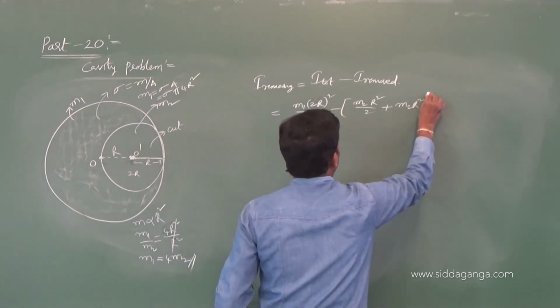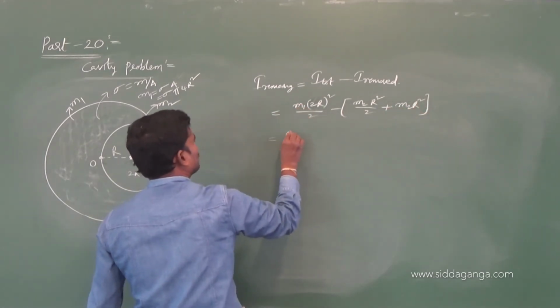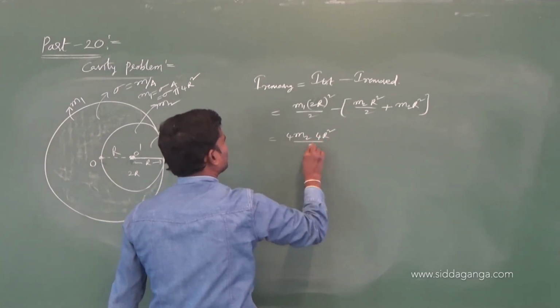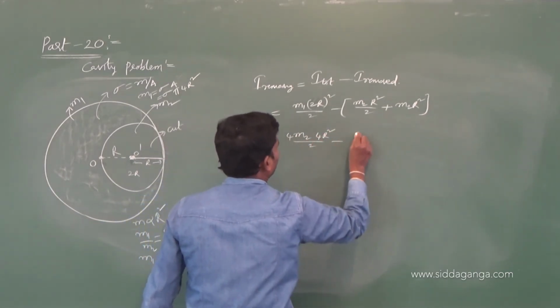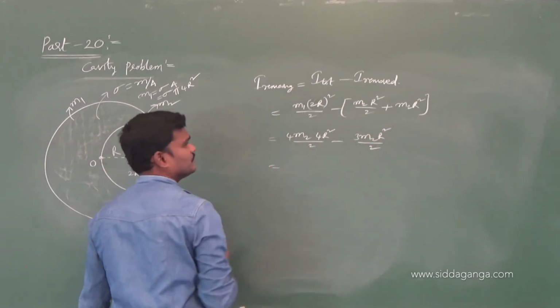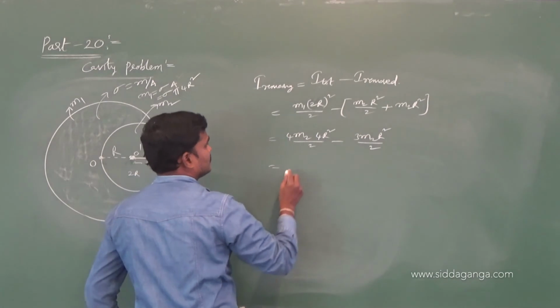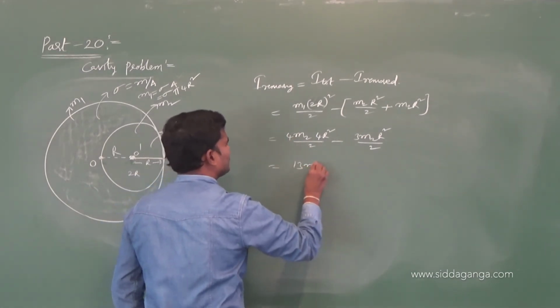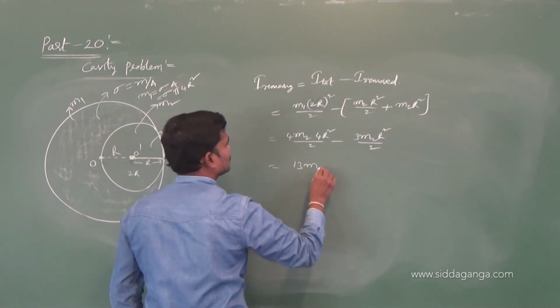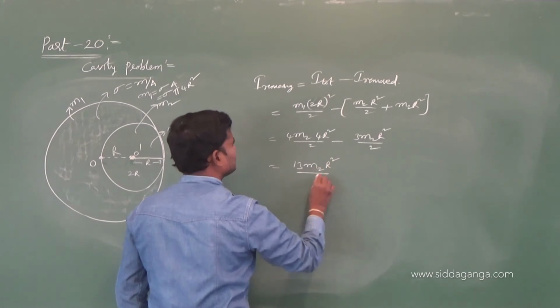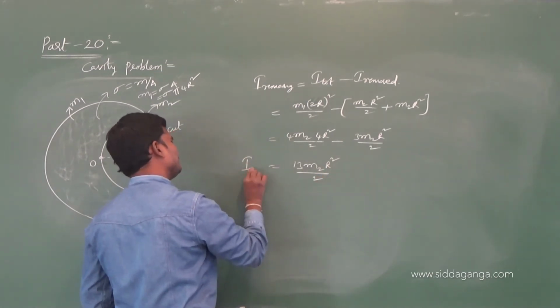Change m1 as 4 times m2: 4 m2 4r square by 2, minus m2 r square by 2 minus m2 r square. So 16 minus 3, 13 m2 r square by 2. This is the remaining.